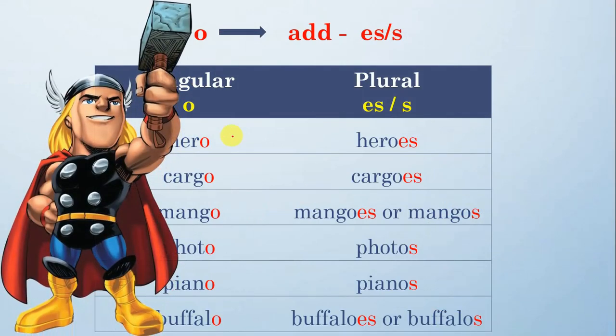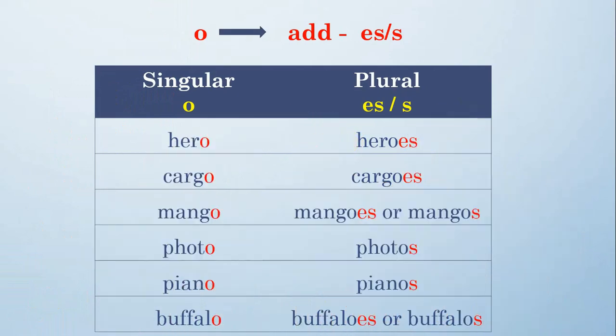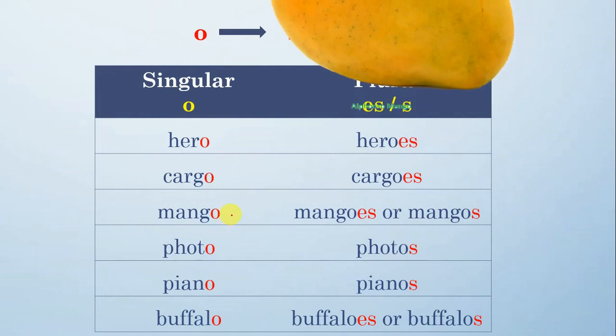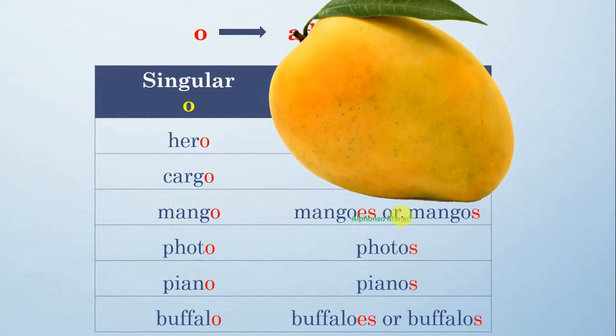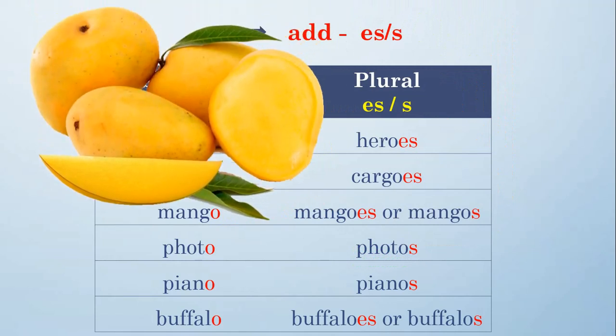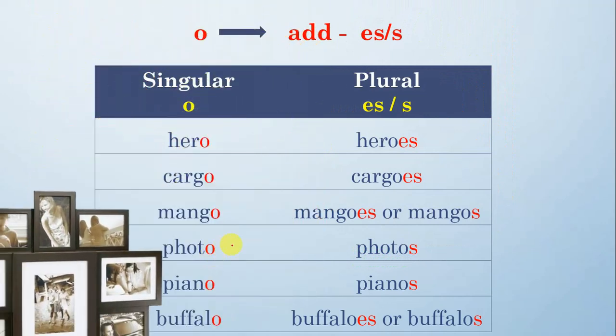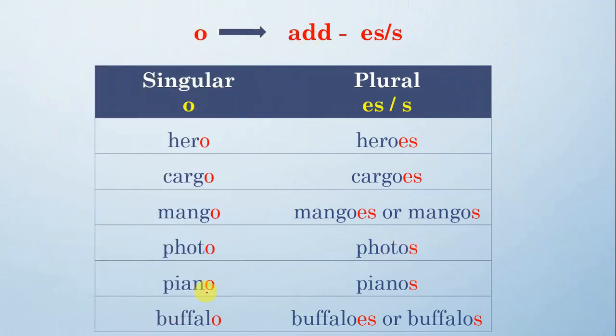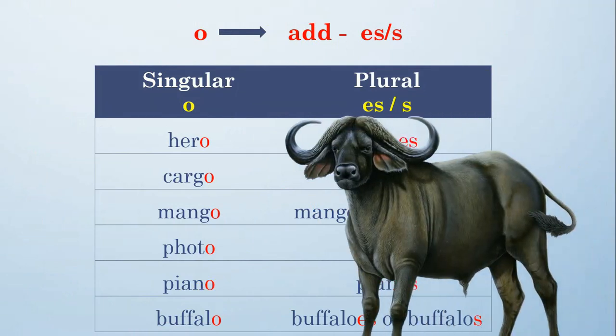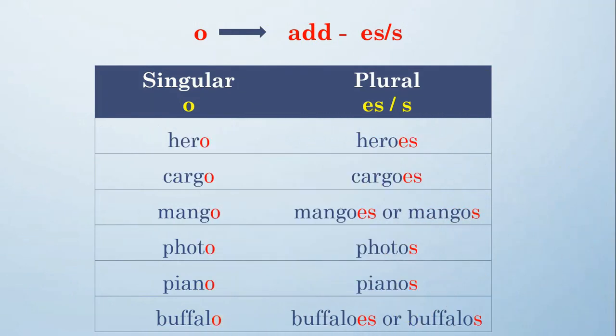Hero, heroes. Cargo, cargoes. Mango, mangoes, can be written either with es or s. Photo, photos. Piano, pianos. Buffalo, buffaloes.